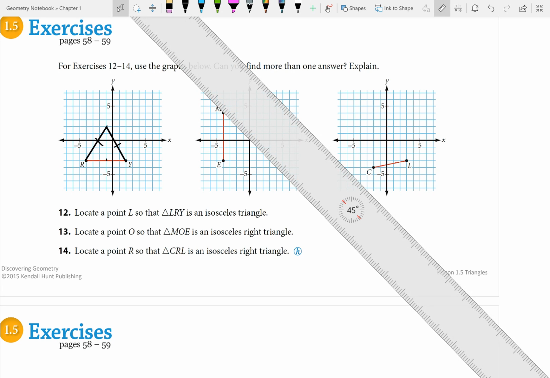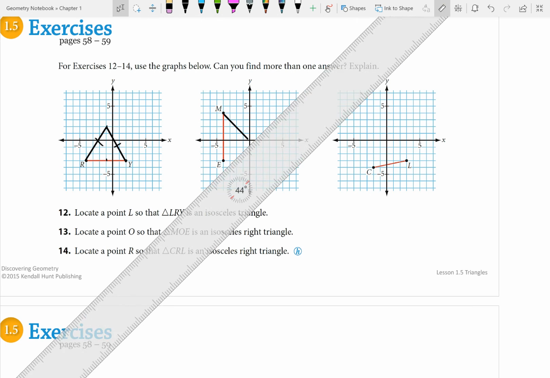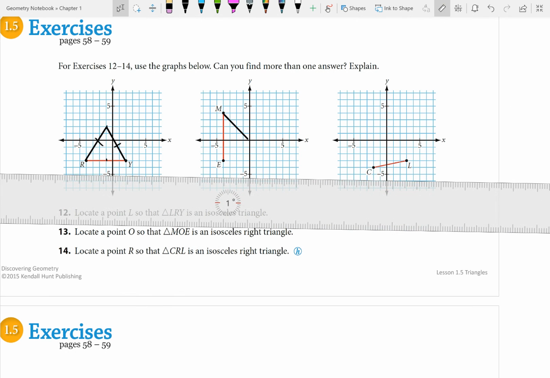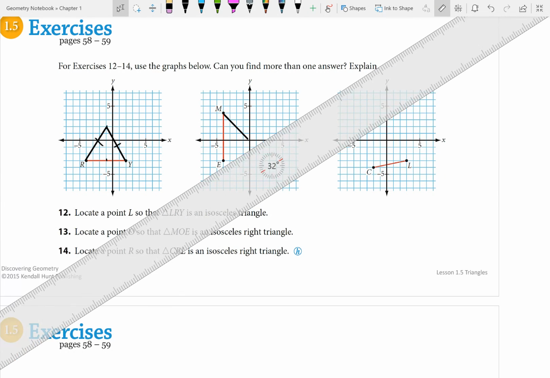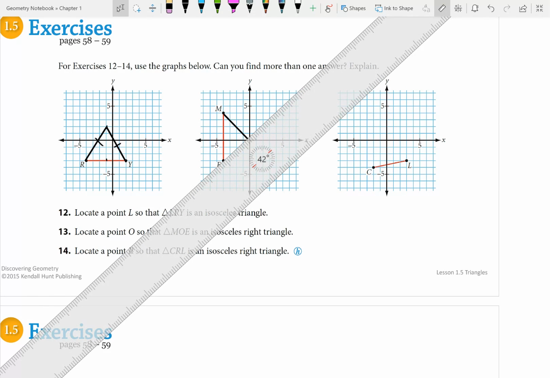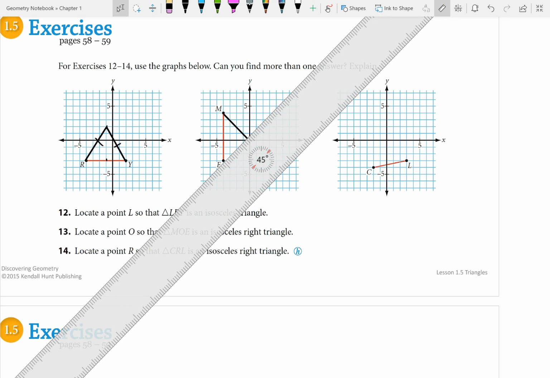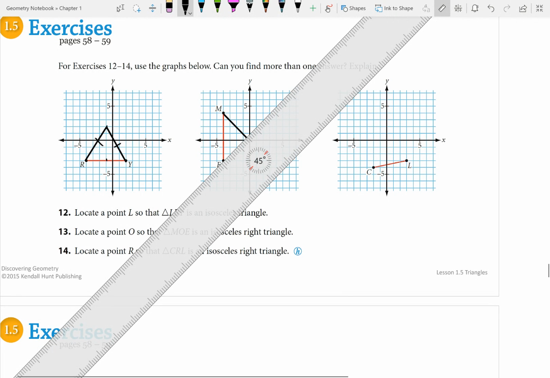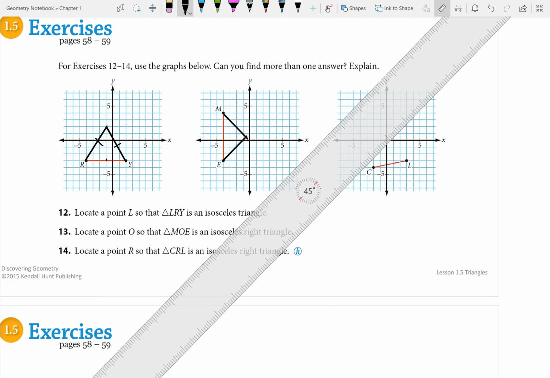And because it's an isosceles triangle, what you'll find is that the base angles are going to be congruent. And so you see how this is 0 right here? So if I go 45 degrees up like this, and then line it up, I will get approximately 90 right here.